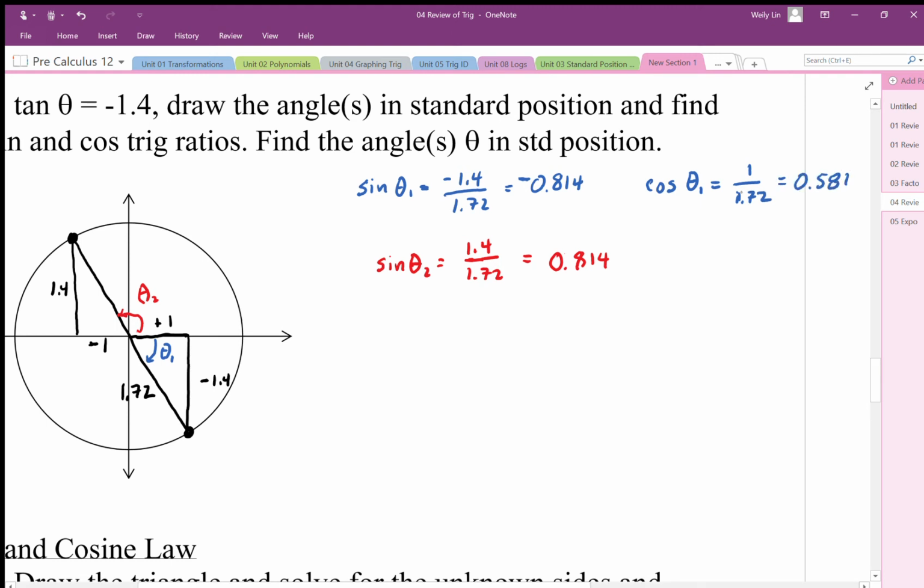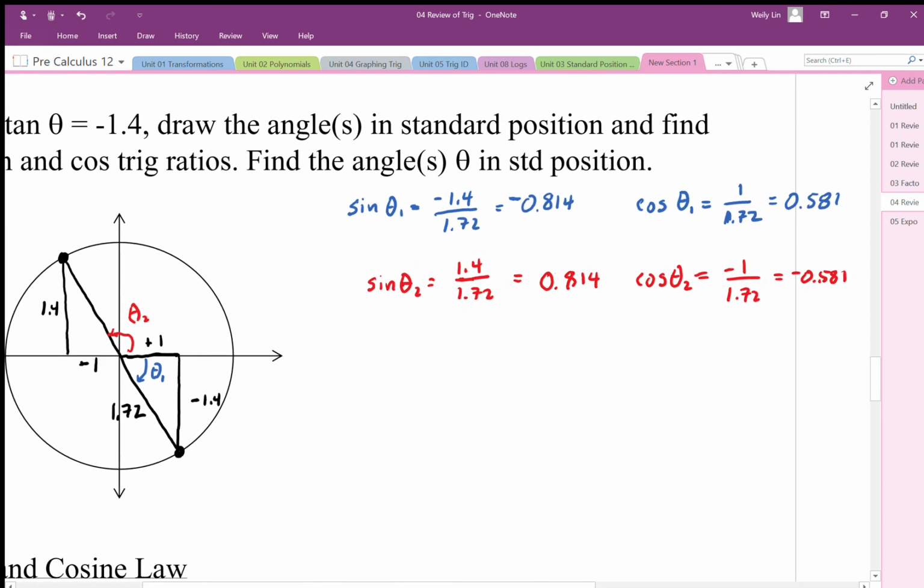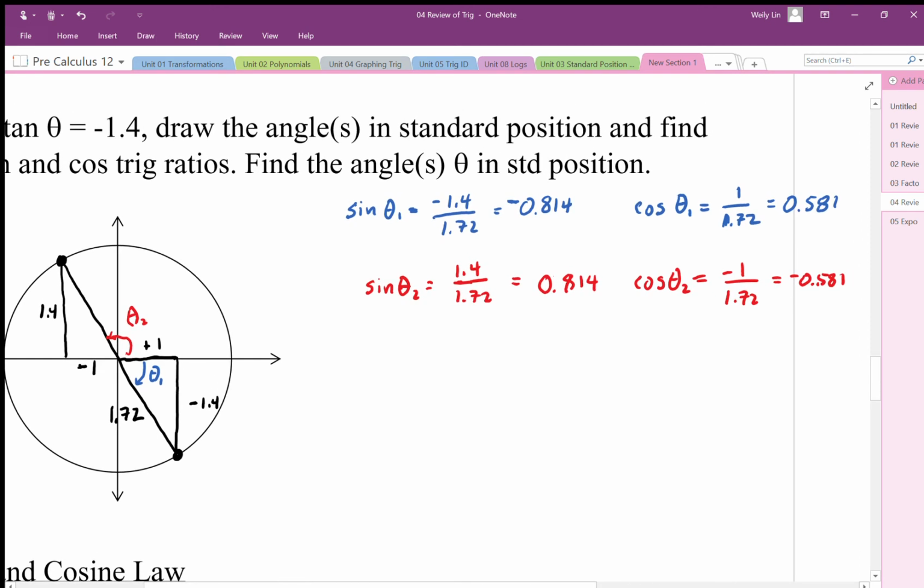And then we have the same thing happening for theta 2. So cosine of theta 2 now is in quadrant 2, and the cosine values are negative in that quadrant. So I end up with negative 0.581.